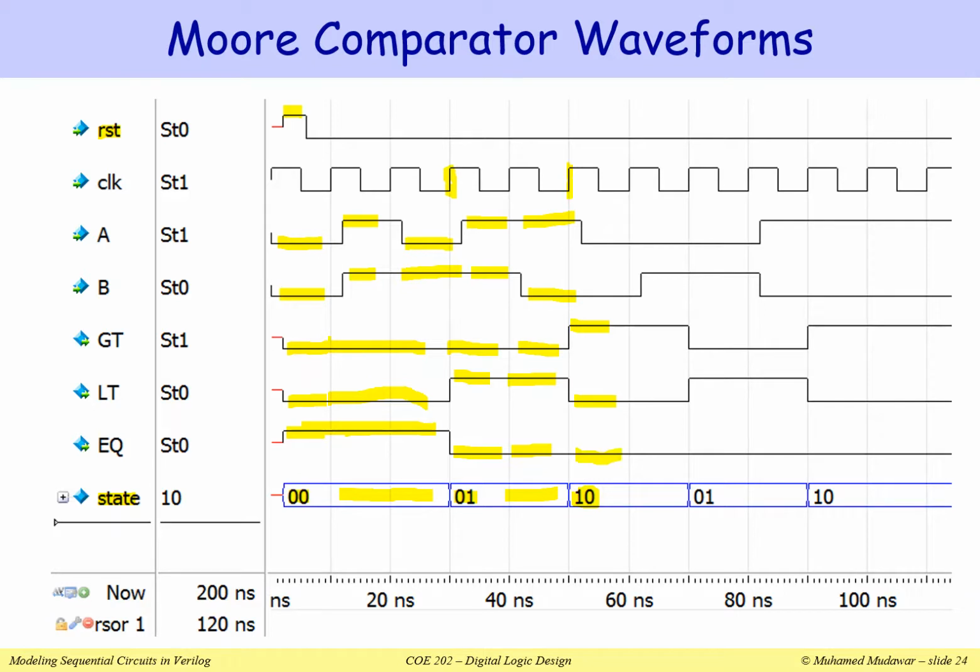This indicates that A is greater than B. We can continue like this, watch the outputs, trace the changes in the state, and verify the correctness of the Moore sequential circuit, the Moore comparator.